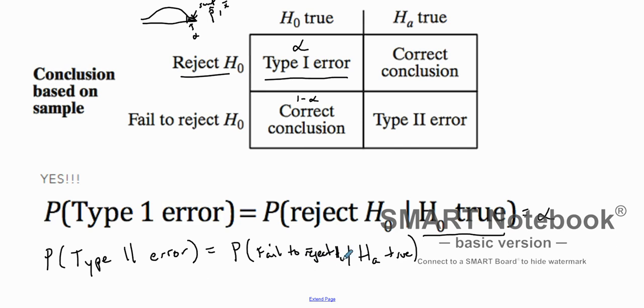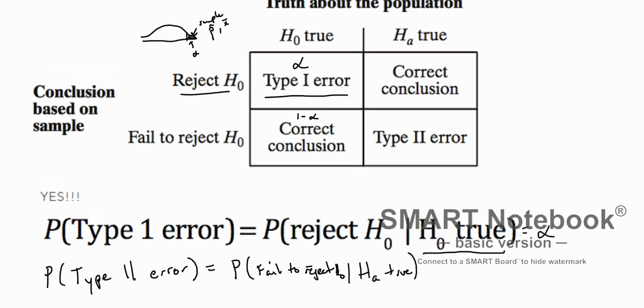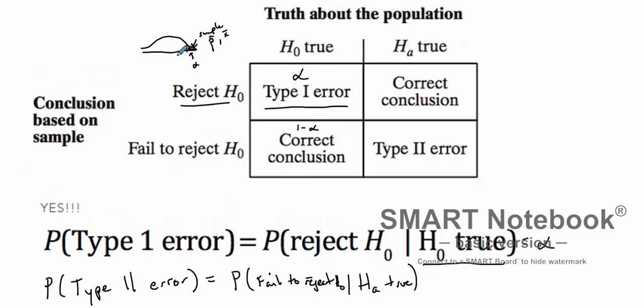Really we should have rejected it, but we failed to reject it. So we get a point somewhere in this area, but in actuality the alternate was true, and it should have been more in this area. So we have to figure out the probability of that occurring.